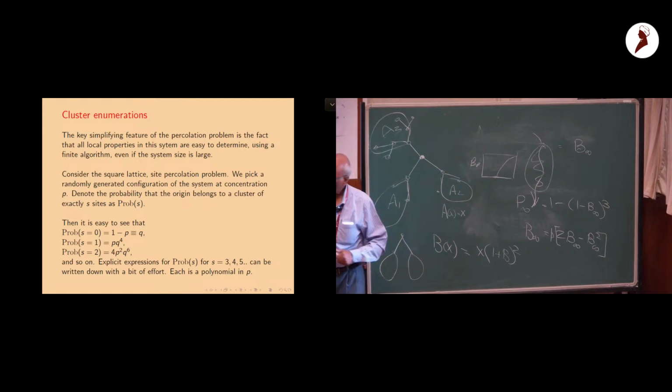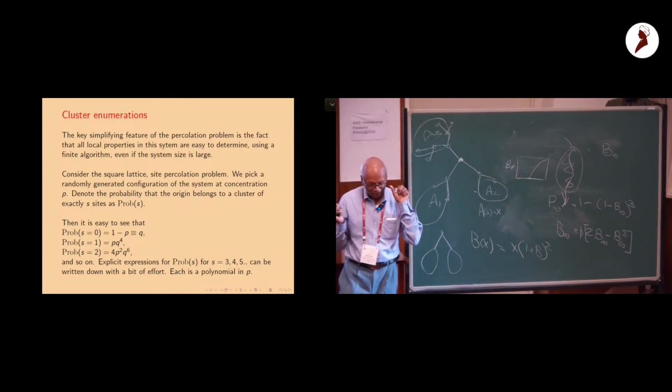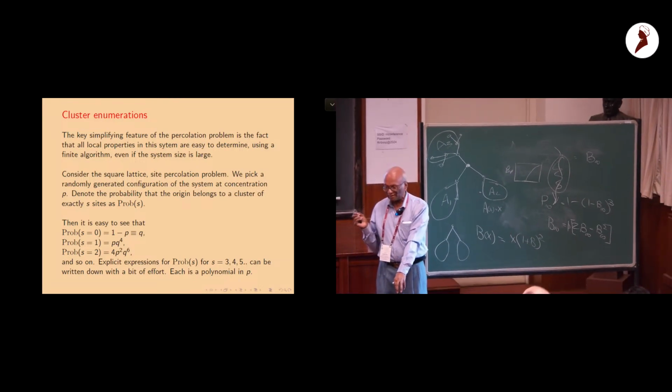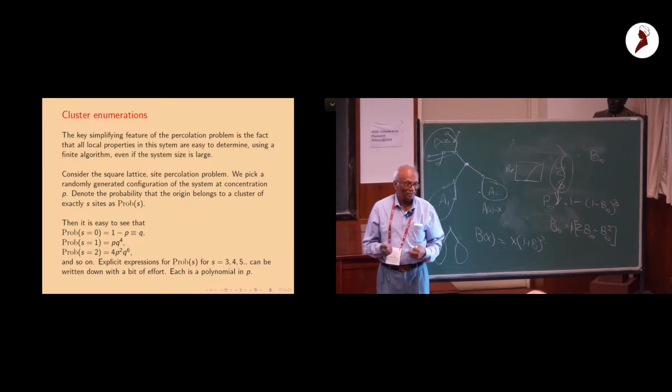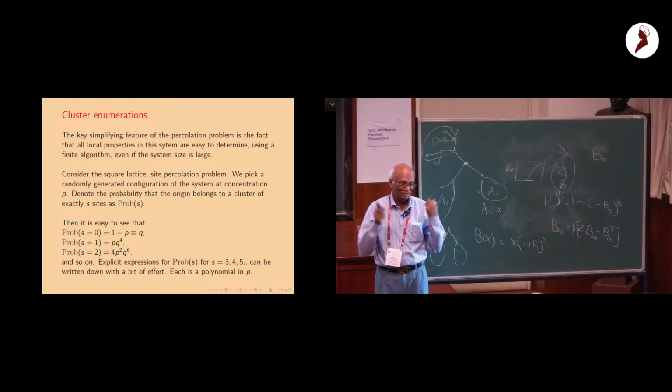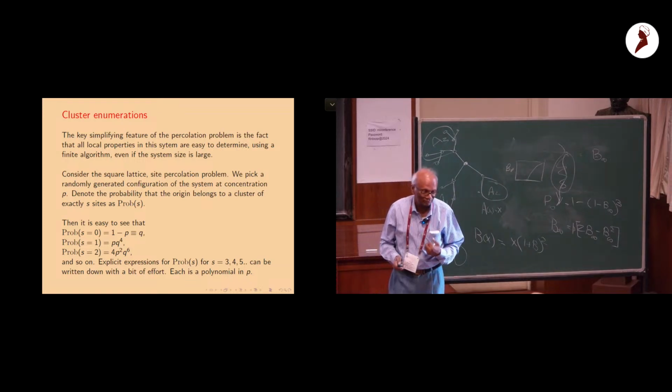The key simplification in the percolation problem is the fact that all local properties of this system are easy to determine using a finite algorithm, even if the system is very big. If you are asking me what is the probability that this site is present, that has a simple answer. It doesn't depend on how big the system is, where is the boundary and all that kind of stuff.